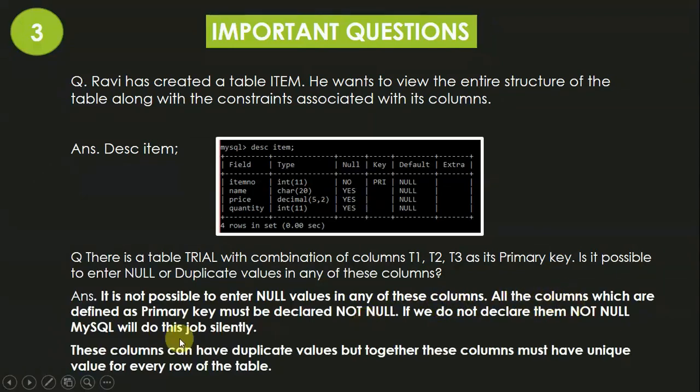All the columns which are defined as the primary key must be declared not null. And if we do not declare them not null, MySQL will do this job silently. And about the duplicate values, these columns can have duplicate values, but together these columns must have a unique value for every row of the table.